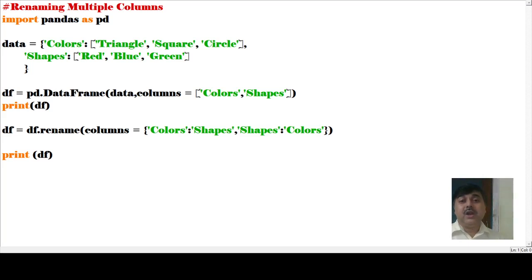That means color we have named as shapes, and shapes has been renamed as color. So that you can identify how you can do multiple renaming of the columns, and how you can implement it.